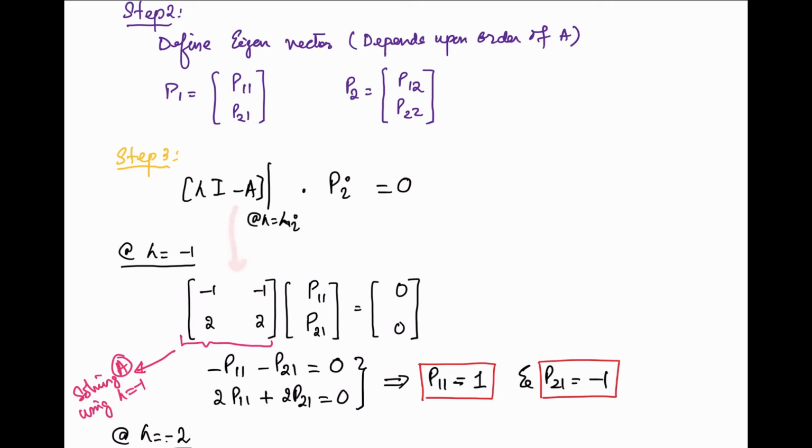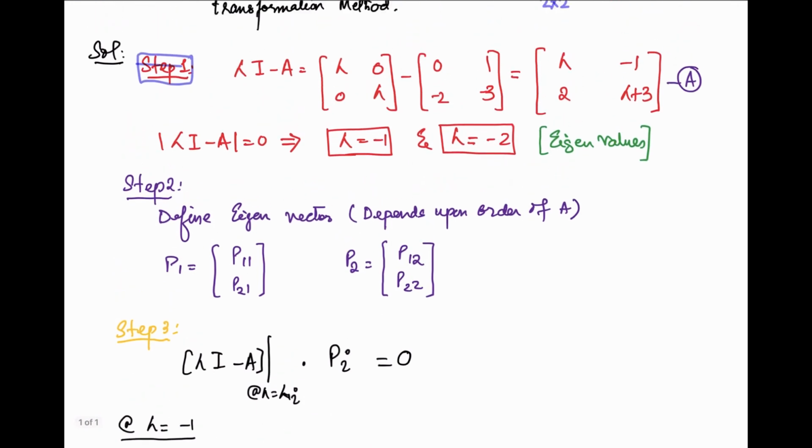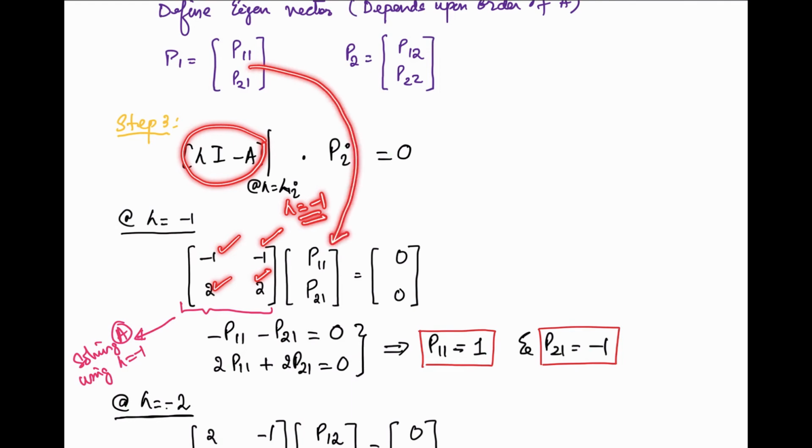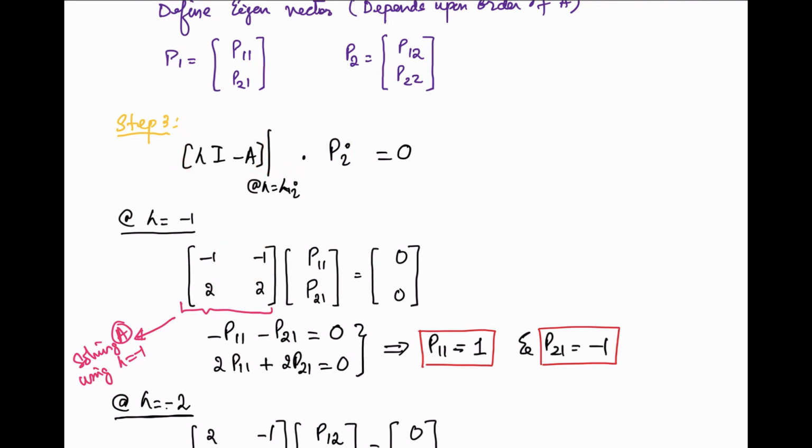So how to get this one? We are going to solve this equation, lambda I minus A, for our first eigenvalue, right? So minus 1, and this is minus 1 plus 3, so that will be equal to 2. So from here we will get this matrix minus 1, minus 1, 2 and 2, by solving this matrix at the eigenvalue equal to minus 1. And now taking this eigenvector p11 and p21, the product of these two should be equal to 0. So we have set up this equation.